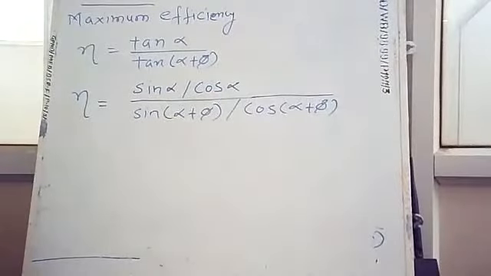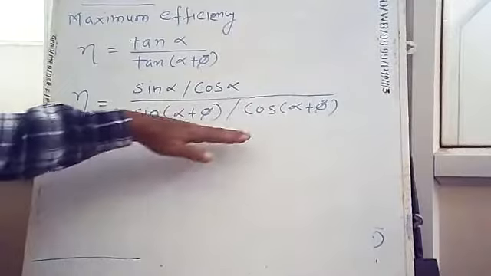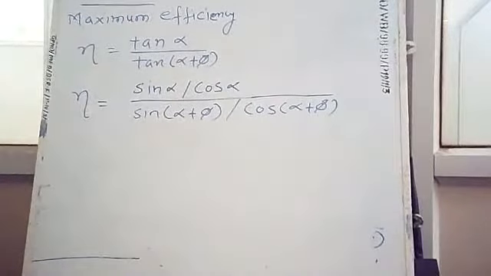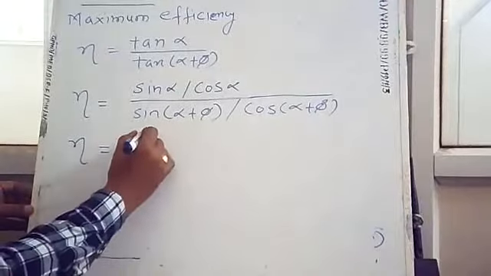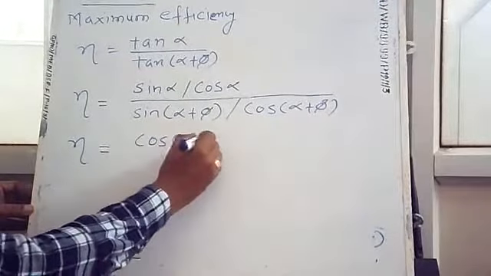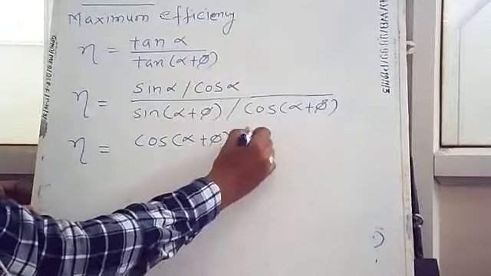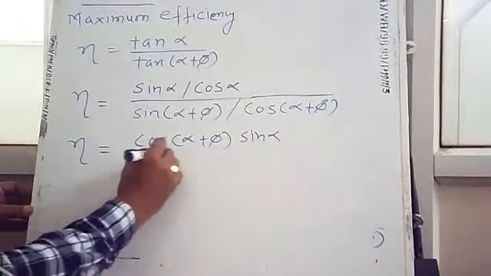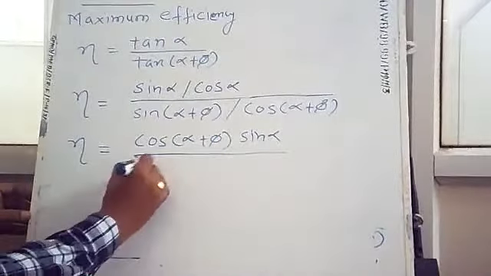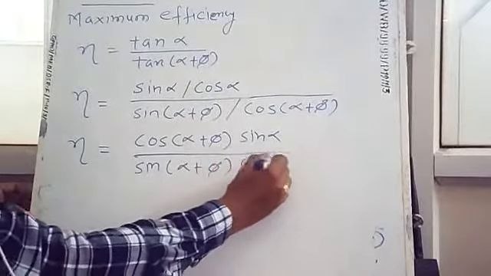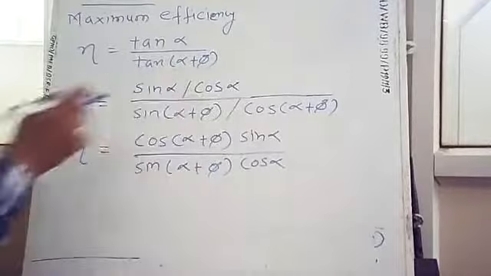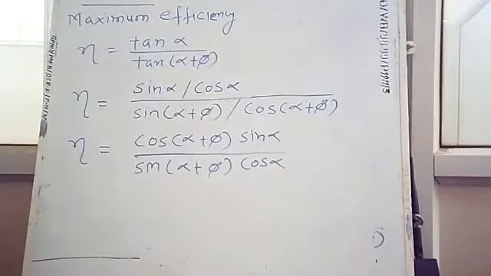So again, I will modify this by taking this up. If I take this up, then the equation is cos of alpha plus phi into sin alpha, divided by sin of alpha plus phi into cos of alpha. So it comes like this.